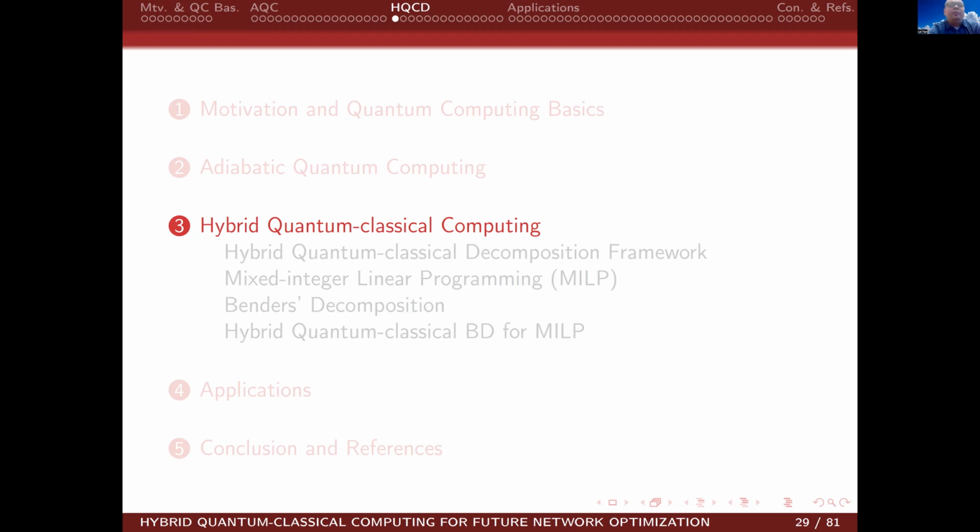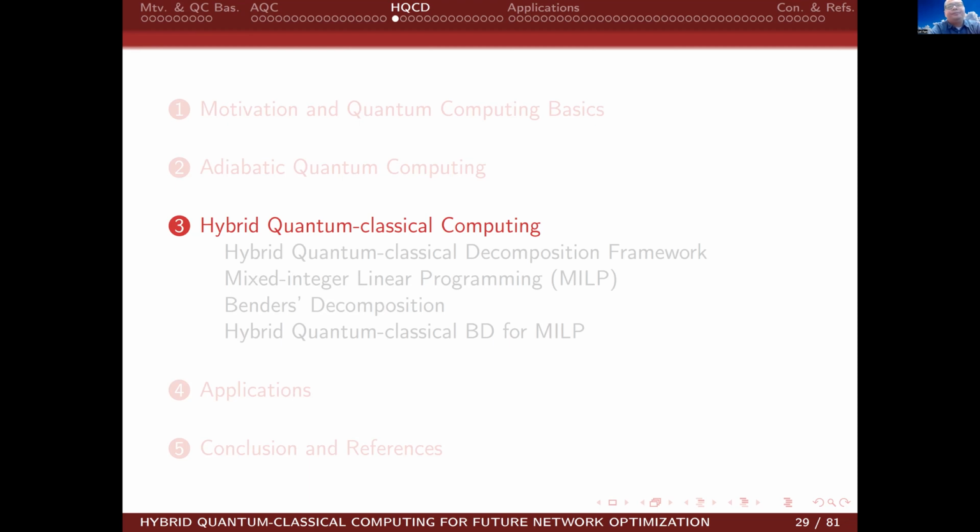So here we designed the hybrid quantum classical computing algorithm. The idea is that we look at the problem, then find a framework or algorithm to solve it. When we look at this framework, we think about which part can be solved on the quantum computer more efficiently.